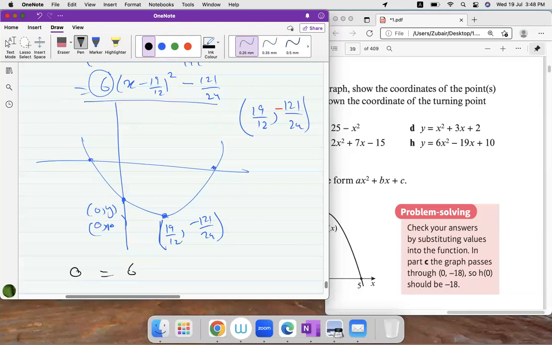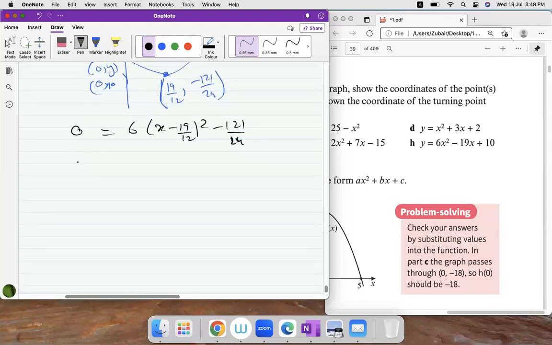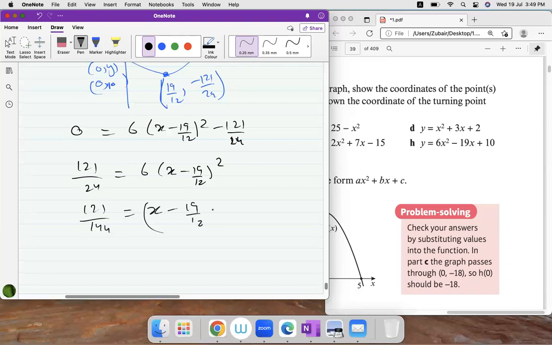And for these two values, y is equal to 0. So 0 is equal to 6 times x minus 19 by 12 whole squared minus 121 by 24. So I'm solving for these two. 121 by 24 is equal to 6 times x minus 19 by 12 squared. 6 divided on the other side: 121 divided by 24 divided by 6 is 121 by 144, equal to x minus 19 by 12 whole squared.